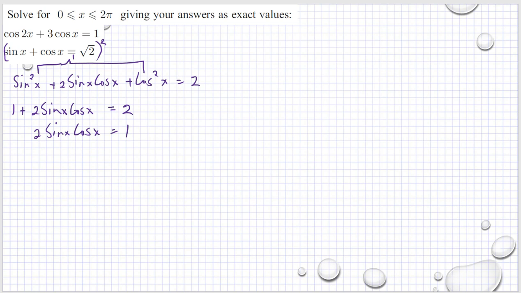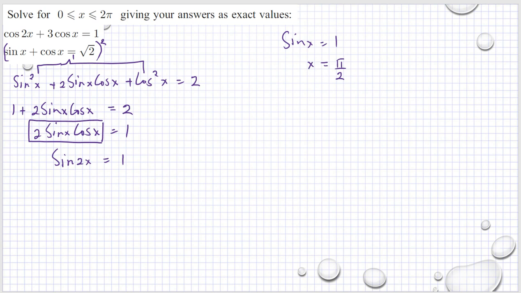And we know that this whole expression, 2 sine x cosine x, is sine 2x, is equal to 1. That means when sine is equal to 1, that is pi over 2.